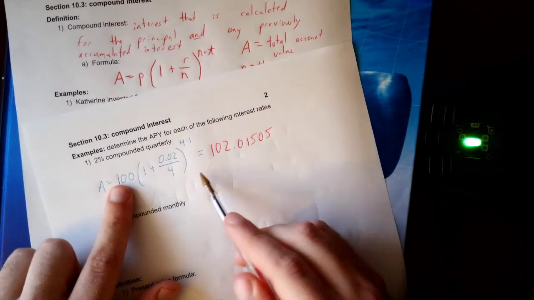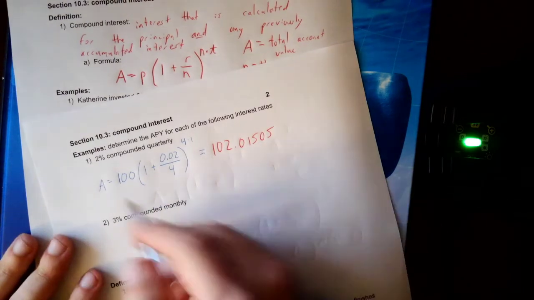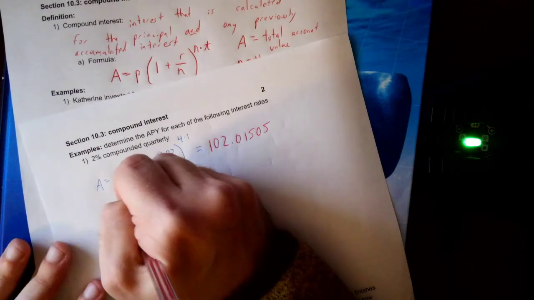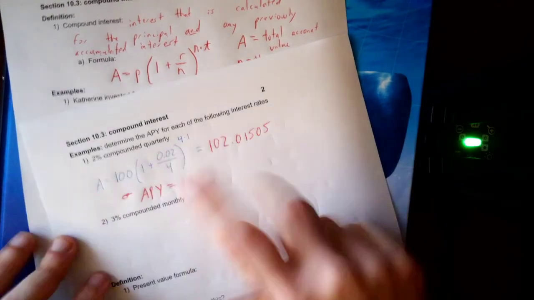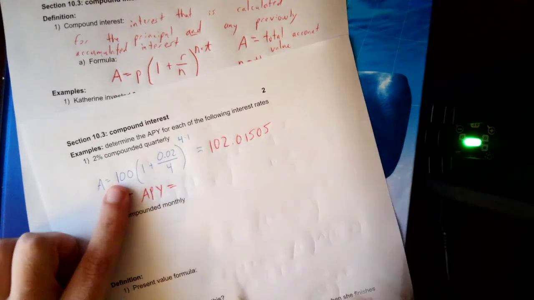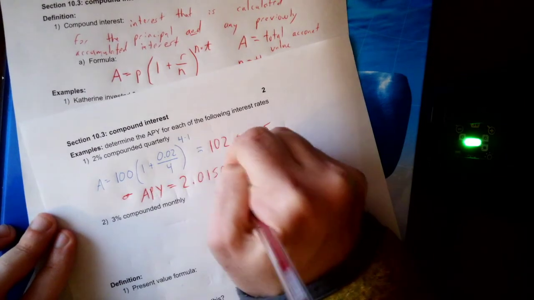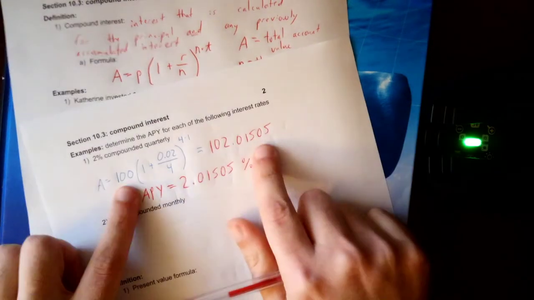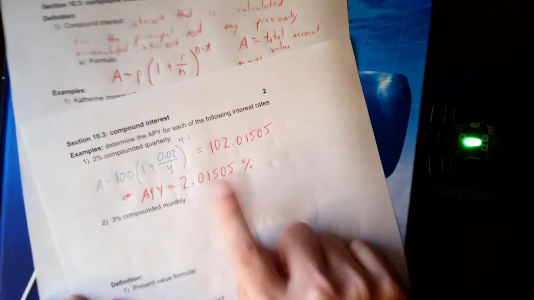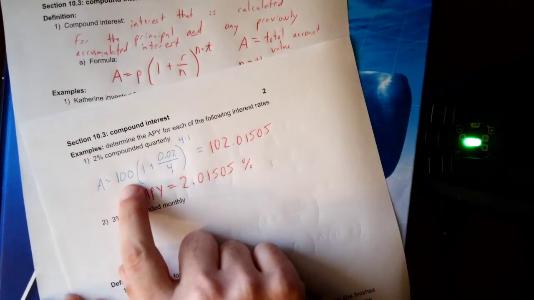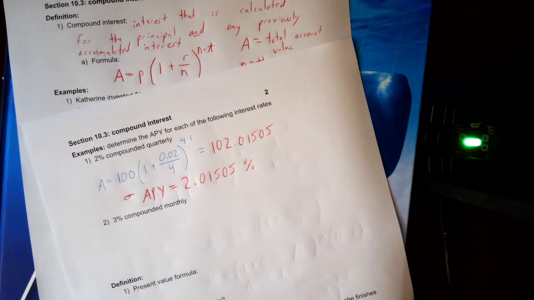So from $100, I have now made $2.01505 extra dollars. That can be my percentage. My APY is equal to the difference between these two numbers, 2.01505%. That's the difference between 100 and 102.01505, right? This is my APY. That's why we use the number 100, because it allows us to quickly find our answer.